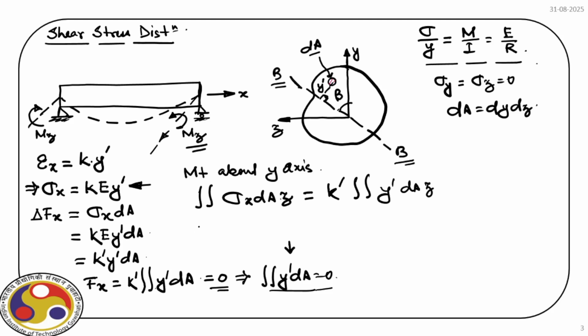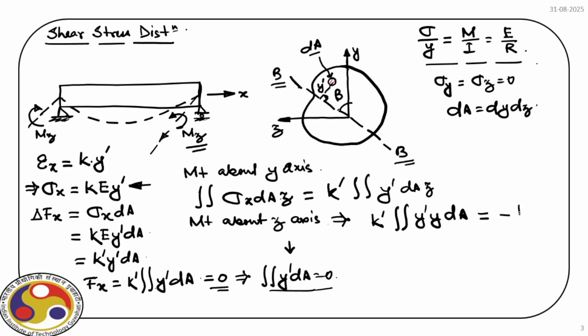Now we can also find the moment about the z-axis, and you can show that this moment is k prime double integral of y prime y dA, and this is nothing but minus Mz, because they too should balance each other.